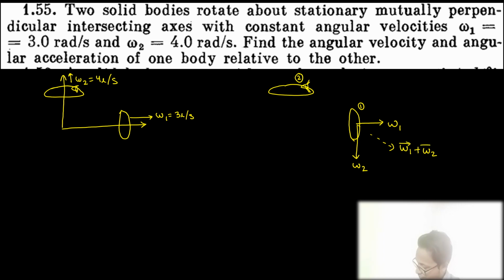So the relative velocity of 1 with respect to 2 is nothing but omega 1 plus omega 2. The magnitude of that relative velocity is nothing but omega 1 square plus omega 2 square, under a root. This is a simplified way of understanding the question.